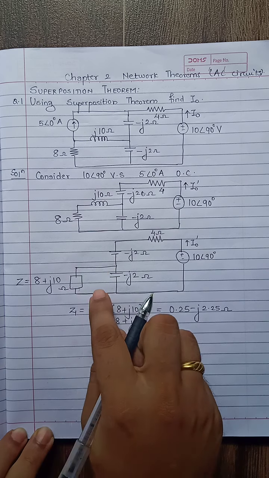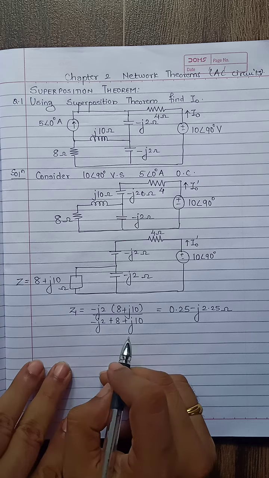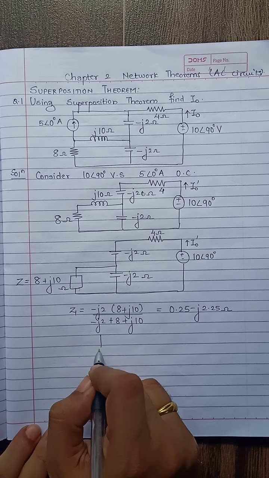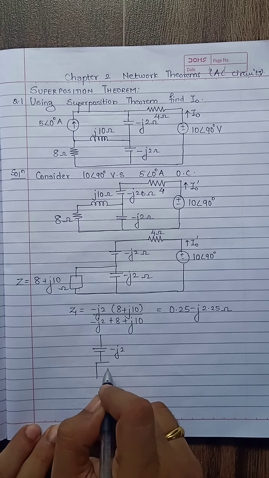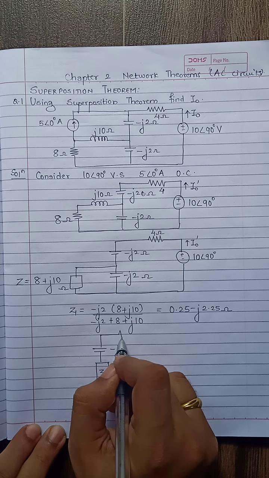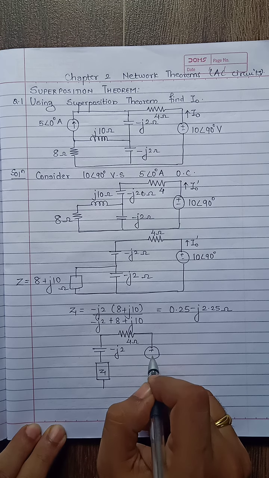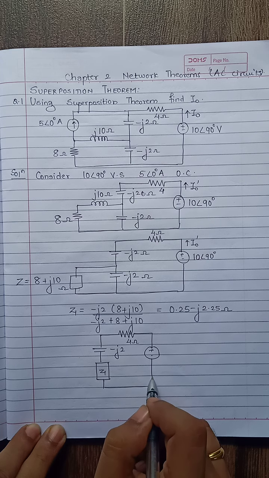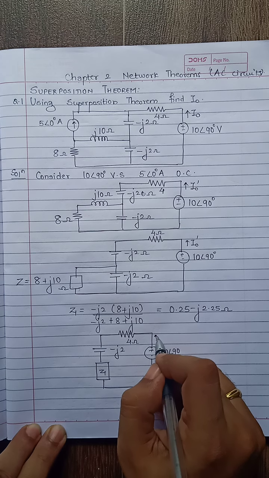So that is Z1, the equivalent of this entire part. So I can draw again the modified equivalent circuit. This will have minus J2, and here I'll have only Z1, 4 ohms, and the voltage source plus minus 10 at an angle 90 and I0 dash.